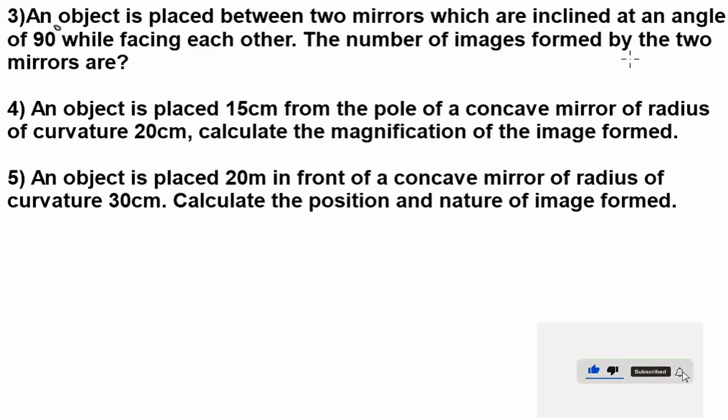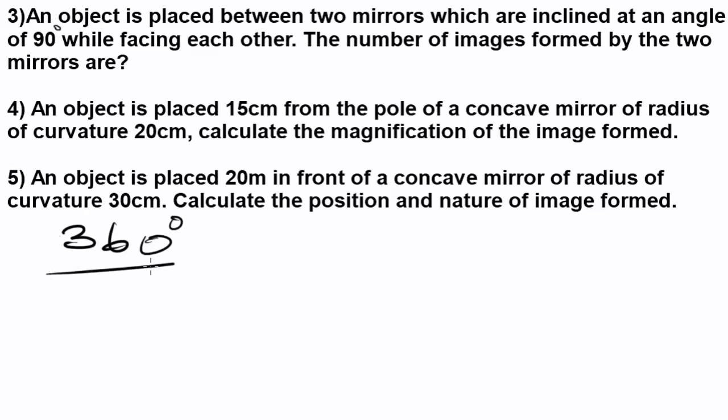The number of images formed by the two mirrors are, so to get the number of images formed by a mirror, this is the formula you apply. Alright, so this is the formula: 360 degrees over n, minus 1. Where n is the angle inclined at the mirror.